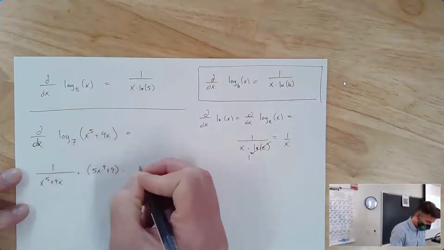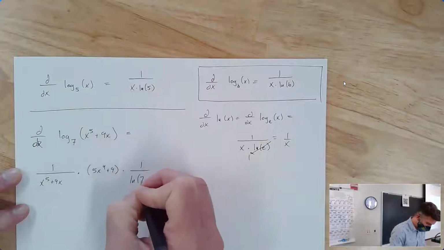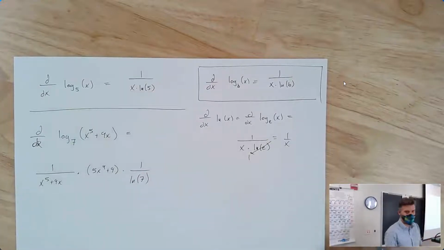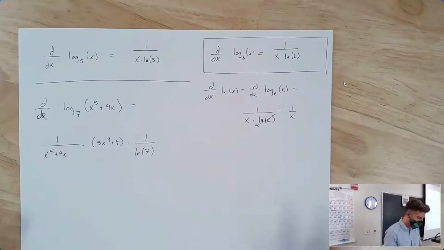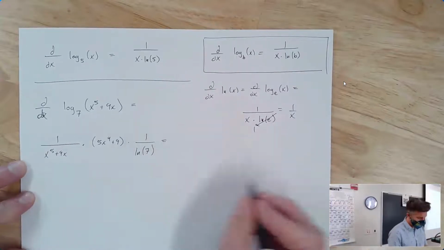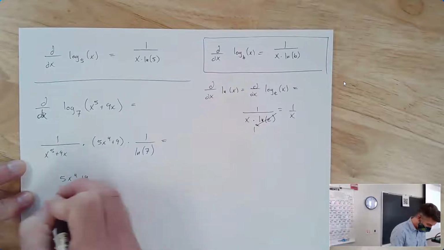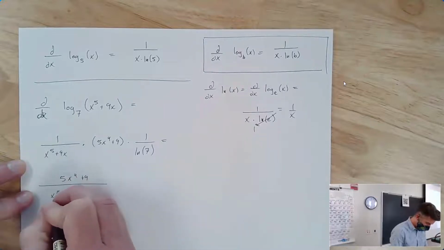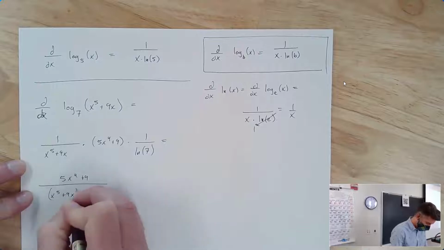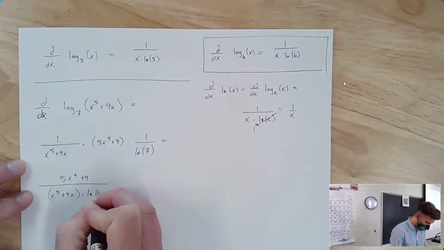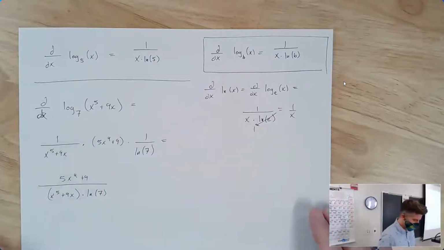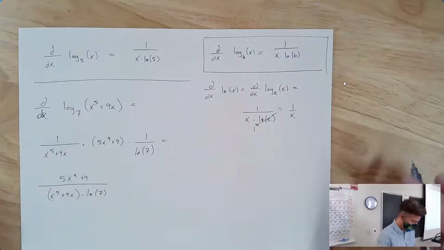And then I also have a 1 over the natural log of the base. And I know that looks terrible. I would most likely write this as 5x to the 4th plus 9 over x to the 5th plus 9x, parentheses, times the natural log of 7. That's probably the smoothest way of writing it.